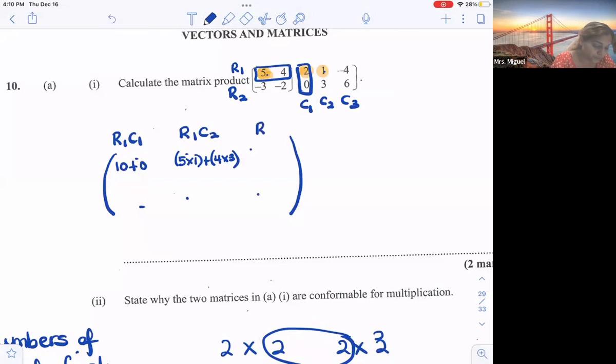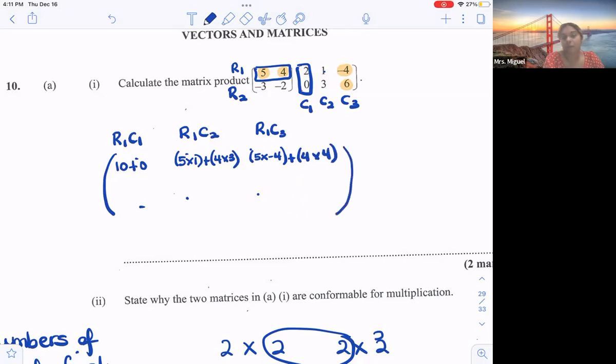So we go into row 1, column 3 now. So 5 by negative 4, the first element by the first element, the second element by the second element, plus 4 by 4.